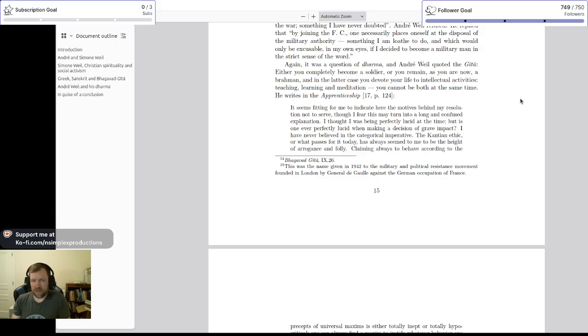"It seems fitting for me to indicate here the motives behind my resolution not to serve. Though I fear this may turn into a long and confused explanation, I thought I was being perfectly lucid at the time, but is one ever perfectly lucid when making a decision of grave impact? I have never believed in the categorical imperative. The Kantian ethic, or what passes for it today, has always seemed to me to be the height of arrogance and folly.